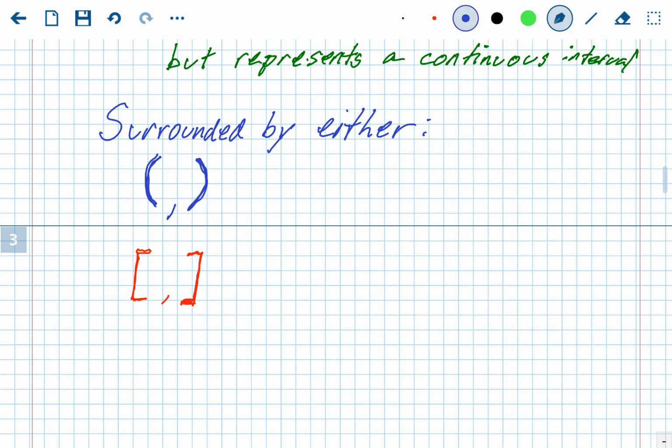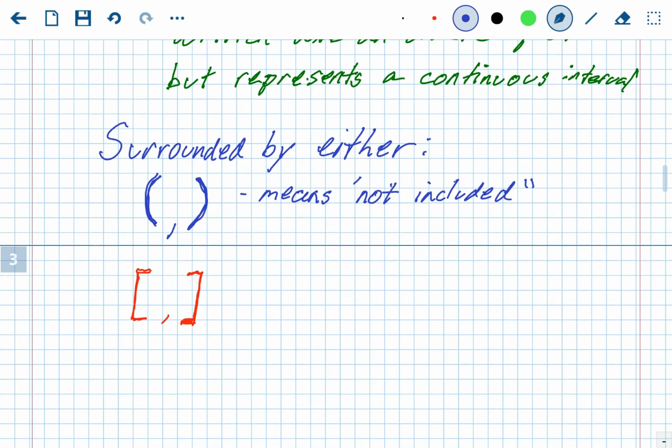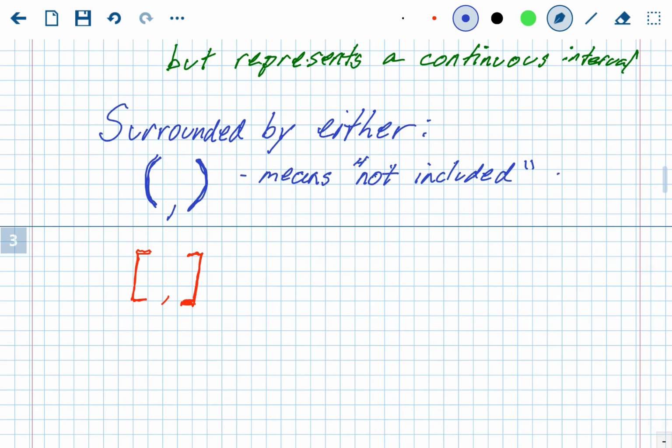Okay, all right, so what's the difference between a parenthesis and a bracket? The parenthesis means not included. So it means that endpoint is not part of the solution set. Well, what else means not included that we're already familiar with? With inequalities, if something's not included, we use the open circle.